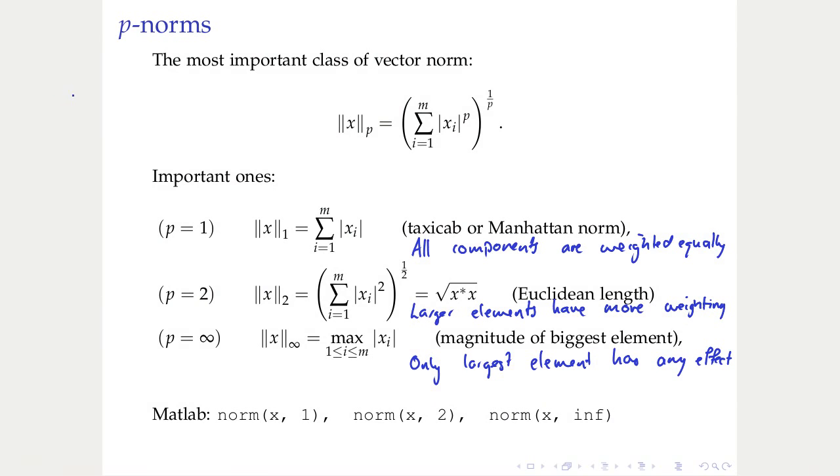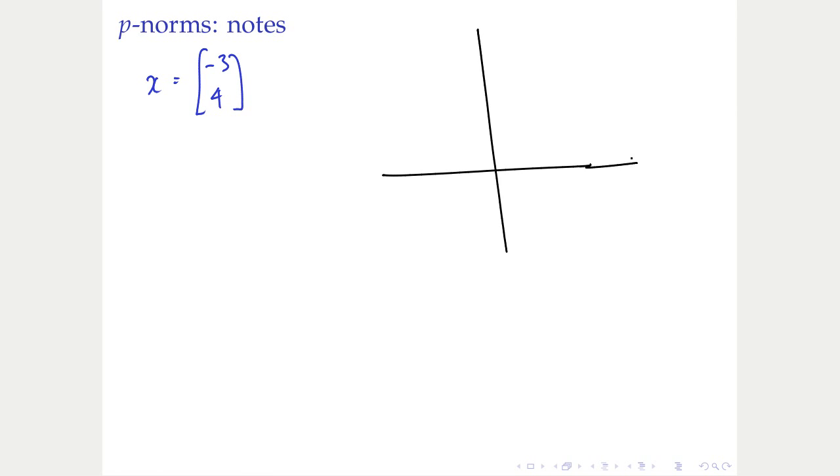Okay, moving on. So, some more things about p norms. Let's just do a quick example. If I've got the vector x equal to -3, 4, then what I'll do is I'll just draw myself a picture of this x.